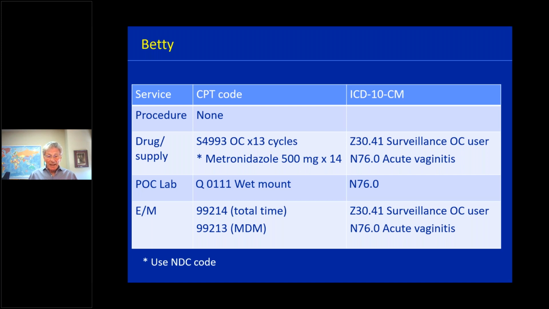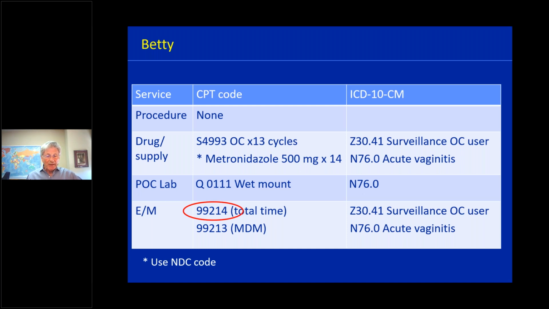And then for the E&M code, basically on the basis of time, it's a 99214. Remember, it was 39 minutes. On the basis of medical decision making, it's a 99213, and therefore we're going to bill the higher of the two, which is a 99214.